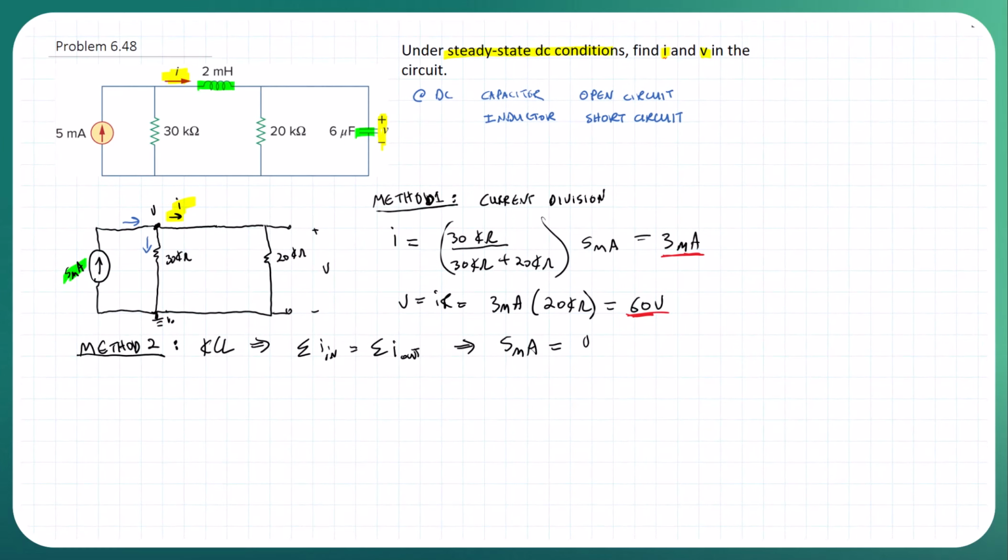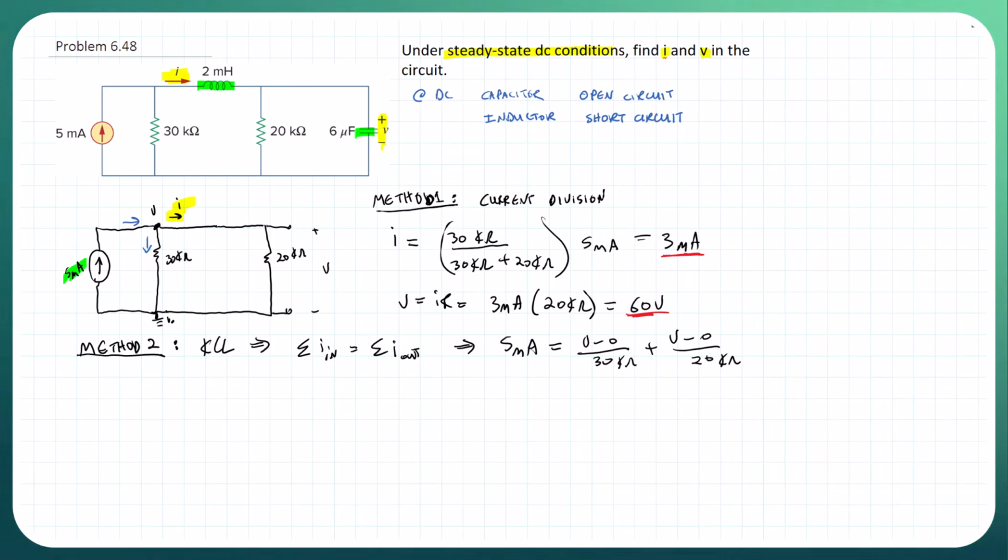So we say V minus 0 over the resistance there, 30, that's going out, plus V minus 0 over the second resistance, which is 20 kilo ohms. Okay, so this is 30 kilo ohms, and this is 20 kilo ohms. Right? And now it's just a matter of solving for V.